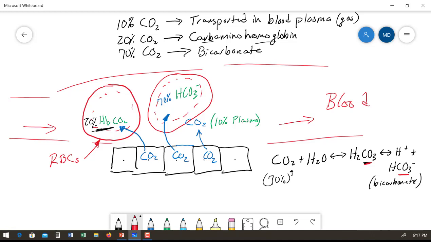So essentially our CO2 is bound as bicarbonate, and that's what you're seeing over here in this red blood cell. Now, this bicarbonate does not stay in the red blood cell. It will come out of it, and let's go ahead and talk about that next. But you should be aware of these numbers as far as how carbon dioxide is going to be transported.